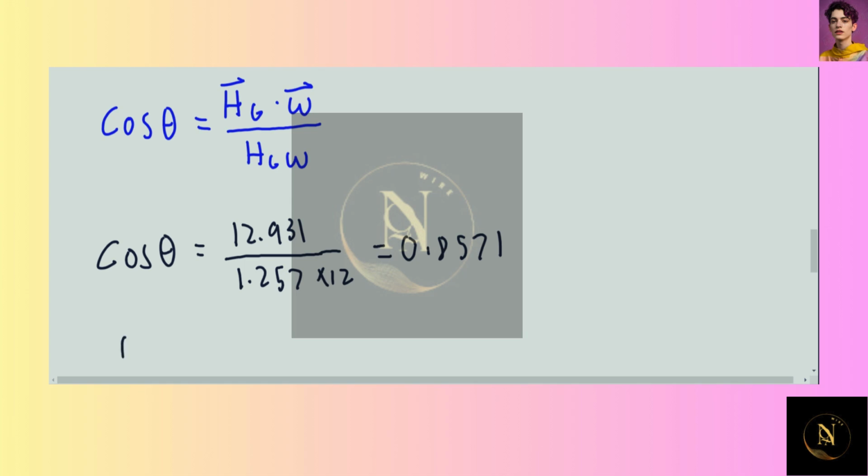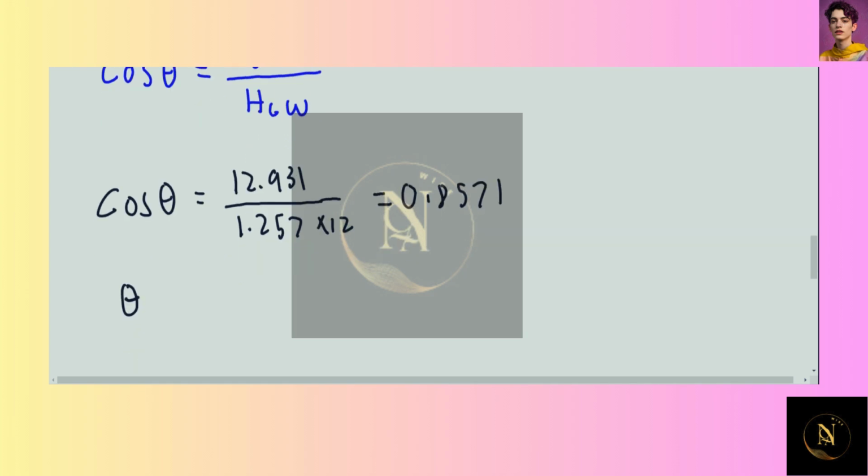And we now write that theta is equal to the cosine inverse of that value, and this will give us an angle that's equal to 30.99 degrees.